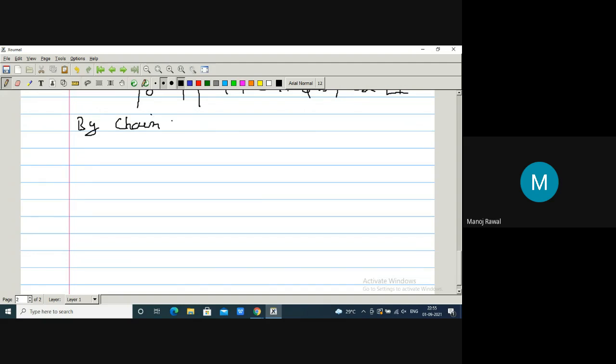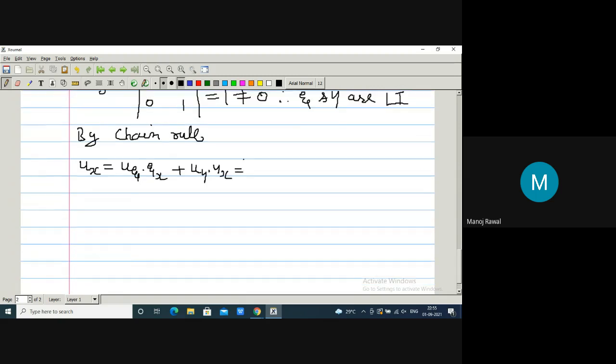By chain rule, ux is nothing but u xi into xi x plus u eta into eta x, and everything is given above.